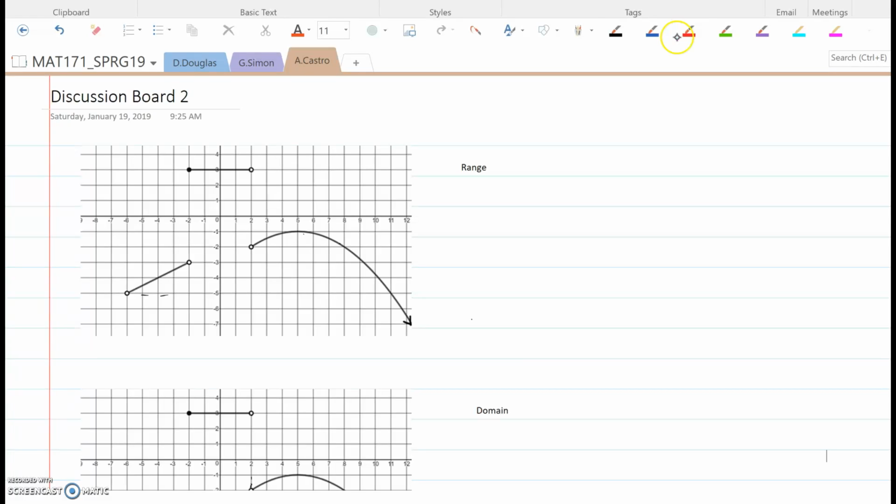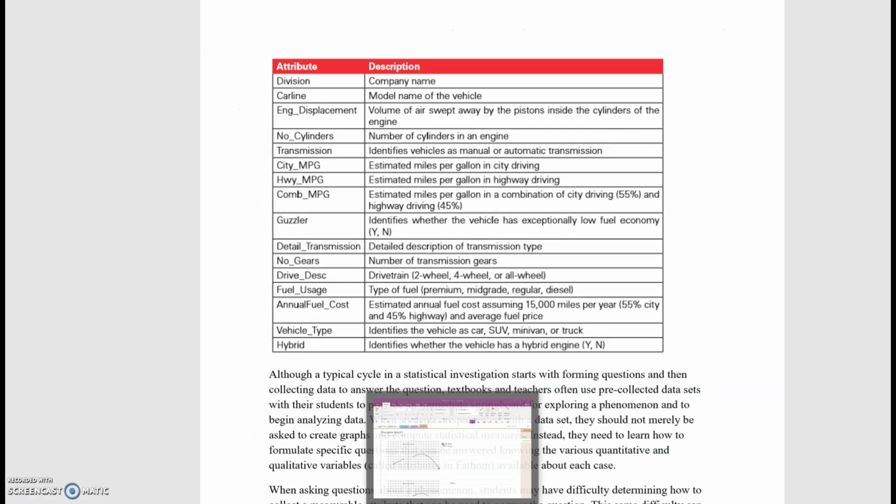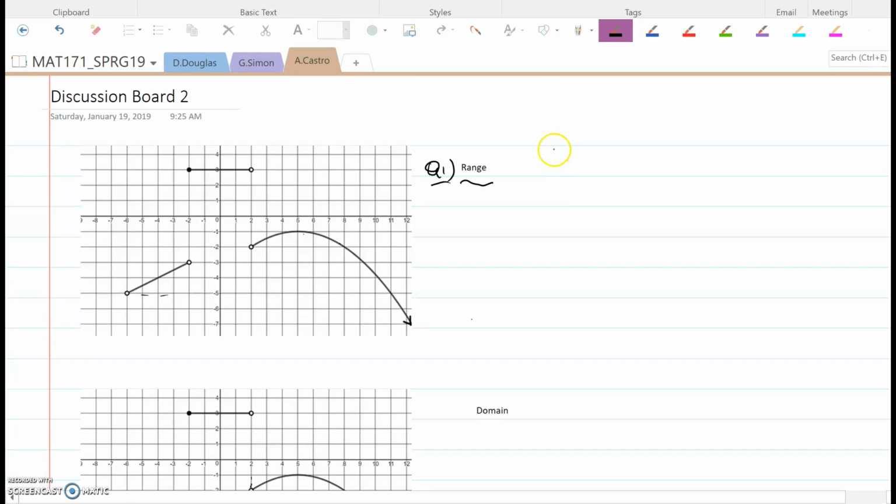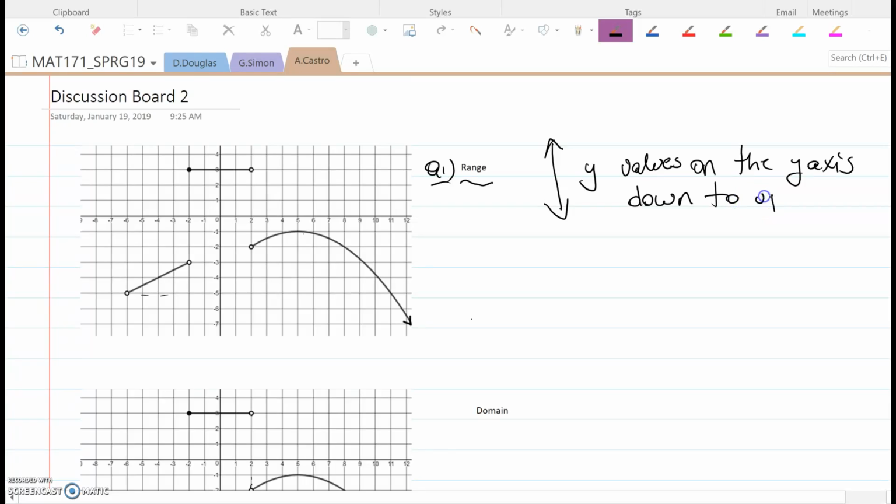So we're going to start with part A, range. When we talk about range, we'll look at the y values on the y-axis from down to up.